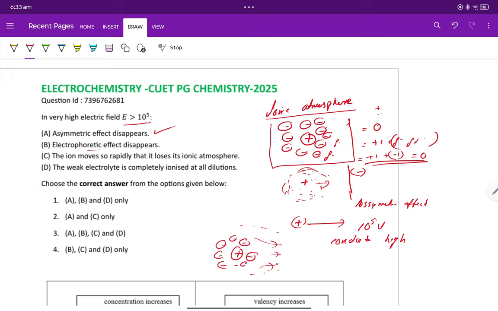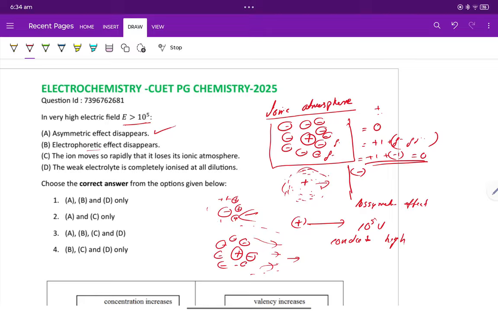Not only that, if the positive ion and the ionic atmosphere are moving in that direction, there will be a negative ion surrounded by positive ions, a positive ionic atmosphere, moving in the opposite direction. So this ionic atmosphere is moving through a flux of the oppositely charged ionic atmosphere and also the molecules of the solution.